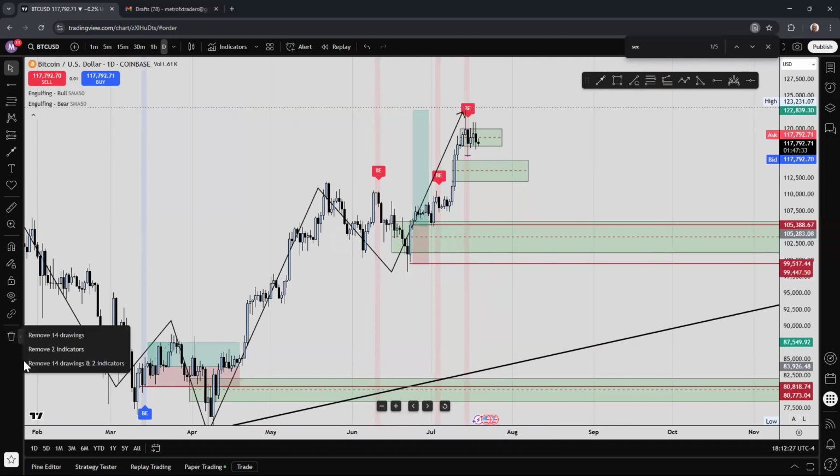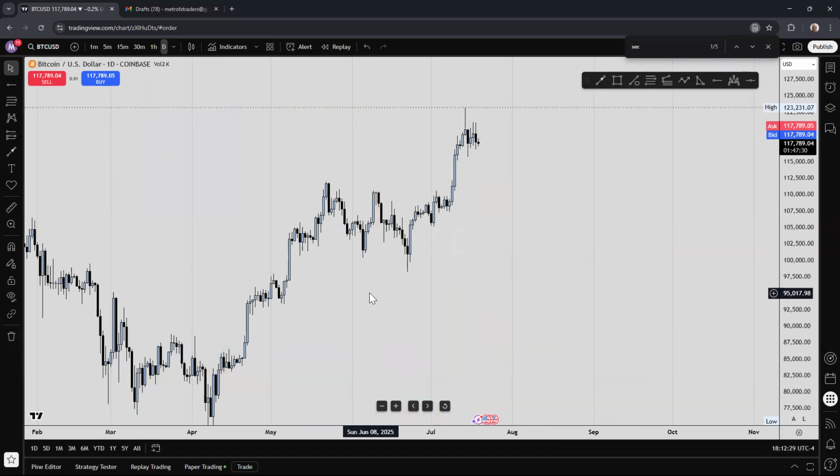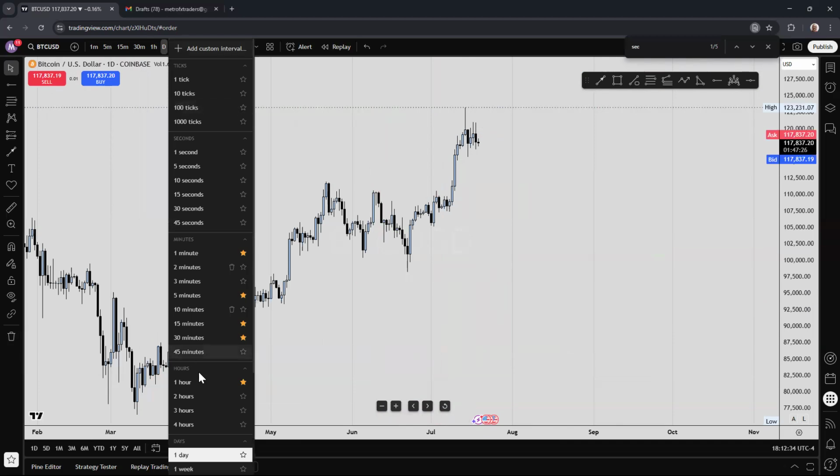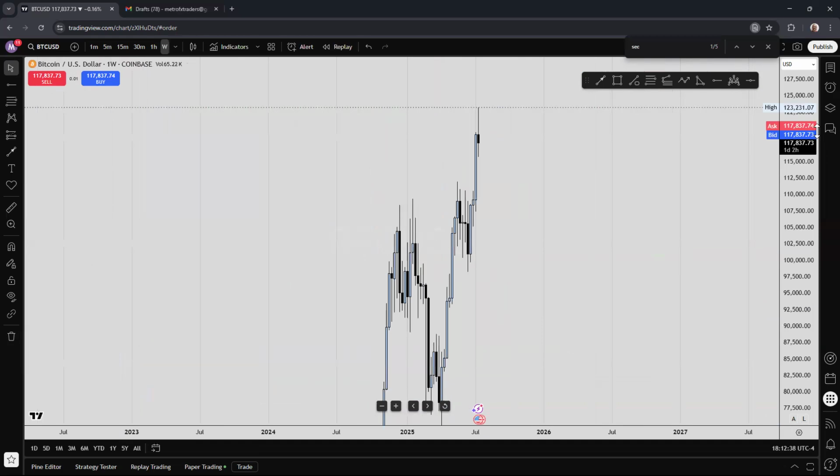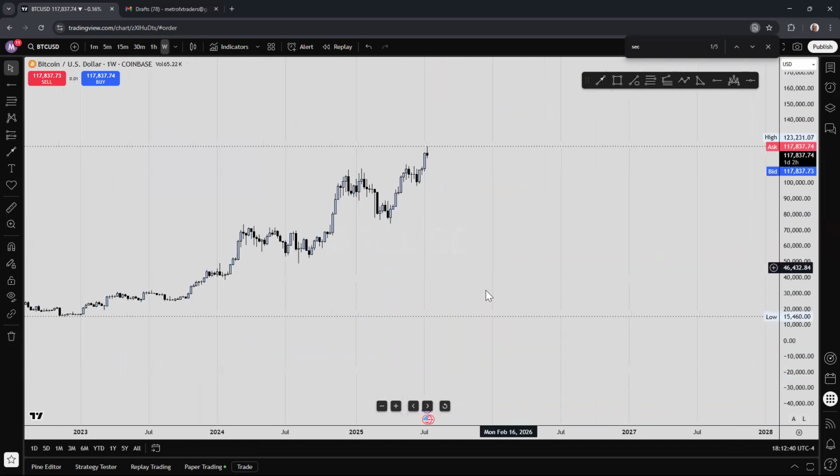So let's rewrite the tape here and start over. We're going to start at the weekly and identify. The first thing we want to identify is, are we in an uptrend or a downtrend?